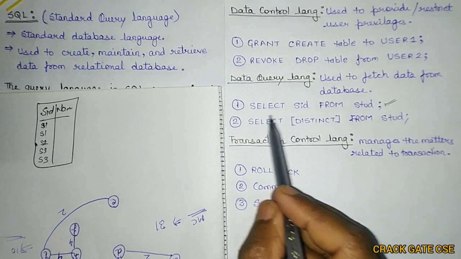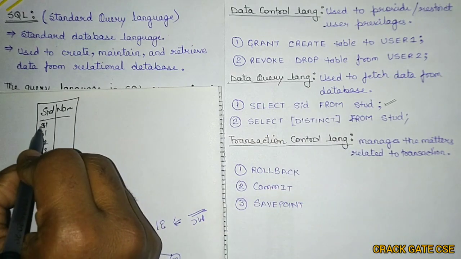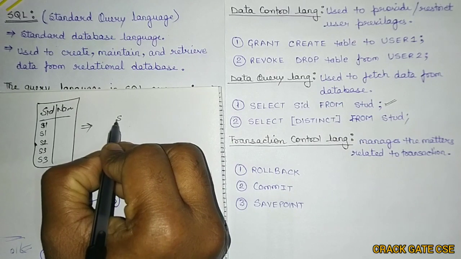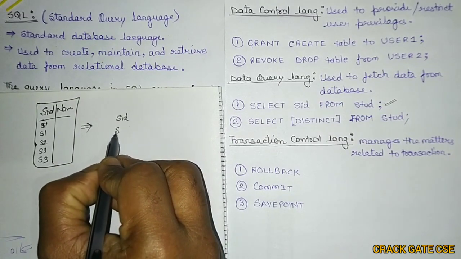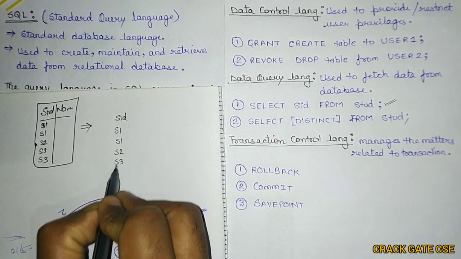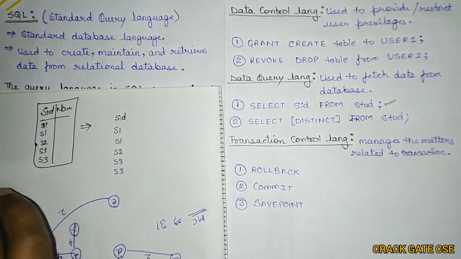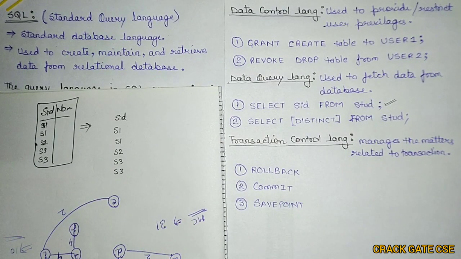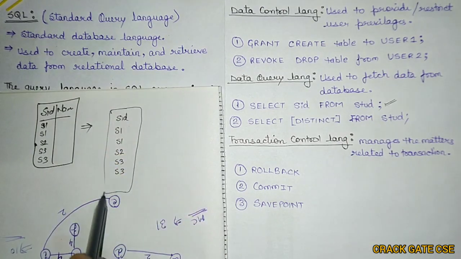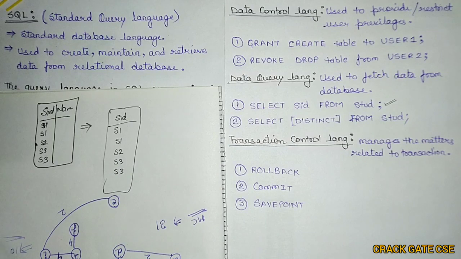If I run this query, SELECT student ID FROM student table, it will give you the output as S1, S2, S3, S3. It will give you the student ID of each respective row. So redundancy is possible. That means it will not give you the distinct value.